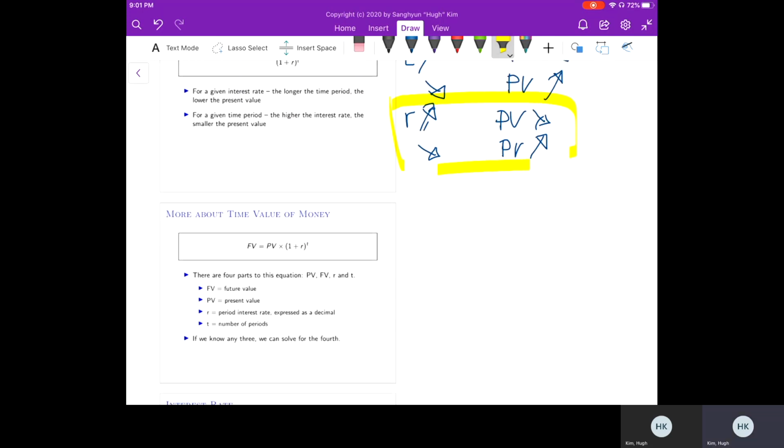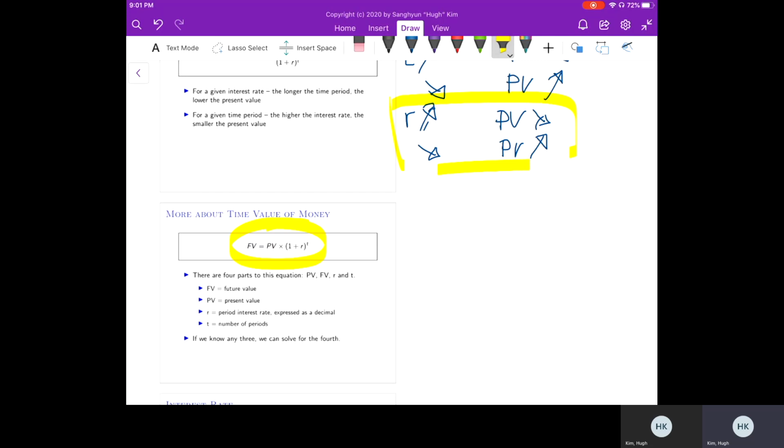To summarize, here's the future value formula. There are 4 variables in this equation: present value, future value, interest rate, and number of periods. If we know any 3 of these variables, then we can solve for the fourth.